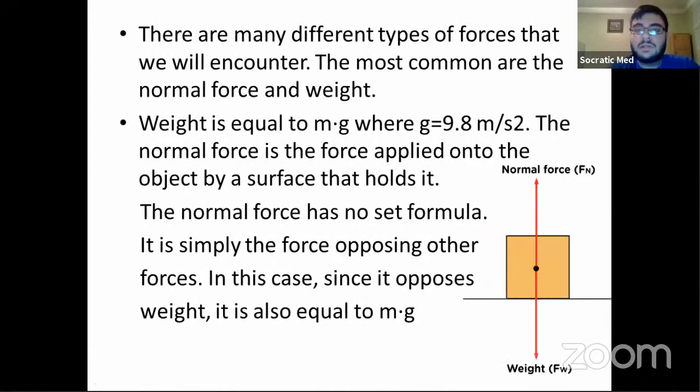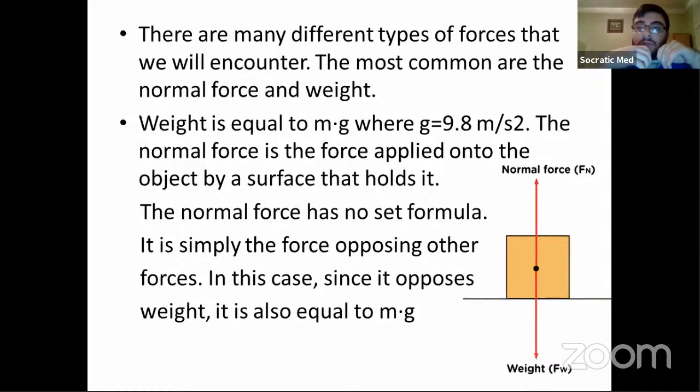So there are many different types of forces that we'll encounter. Some of the most common and most basic are the normal force and weight. Weight is essentially what we think of as gravity, and it's what pulls you down to the ground. It's what keeps you from floating away. Weight is equal to mg, where g is the acceleration due to gravity, as we mentioned earlier.